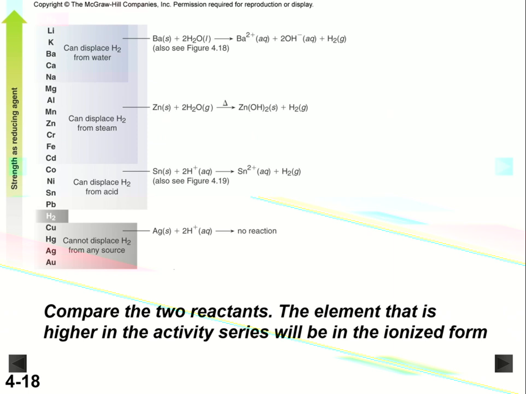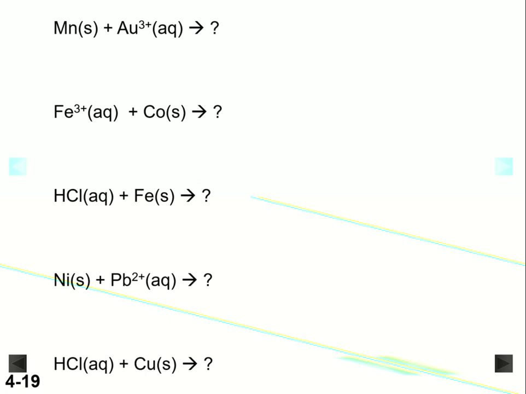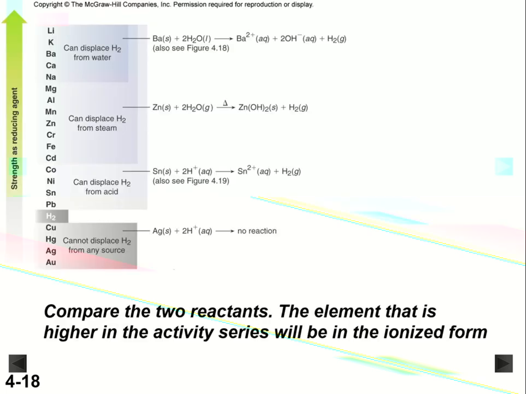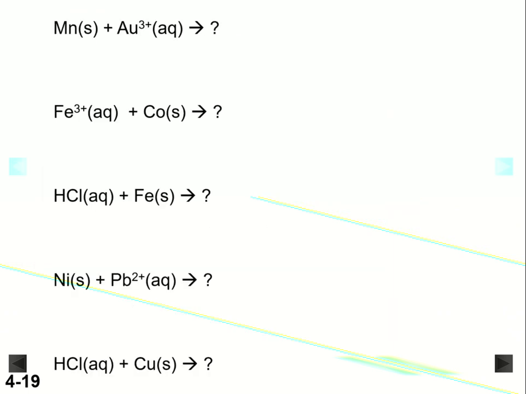That's the least reactive metal on here. Therefore, it wants to exist in the metallic form. The reactant is manganese, and manganese is about 2/3 of the way up this list. Manganese should exist in its ionized state, or its +2 state. So let's look at this. Manganese does indeed react to form manganese 2+ plus gold.